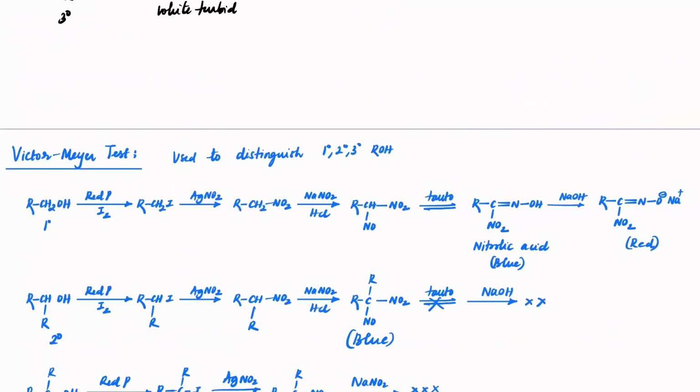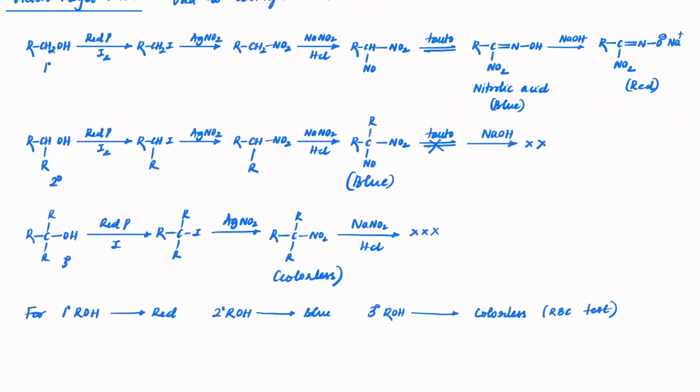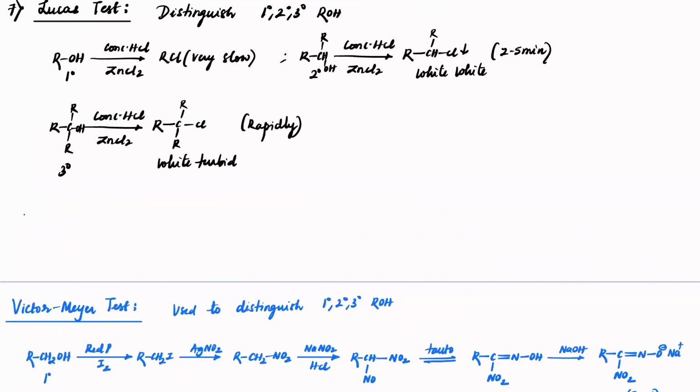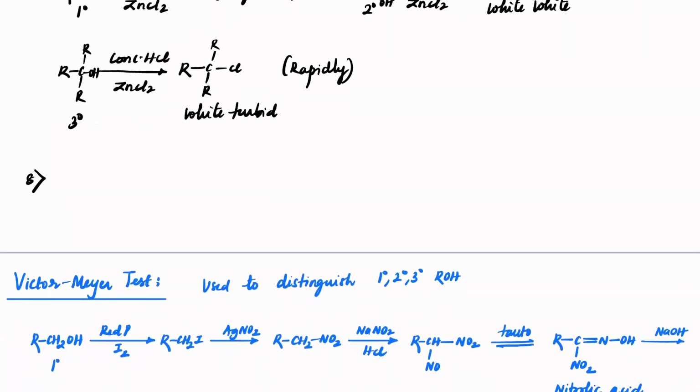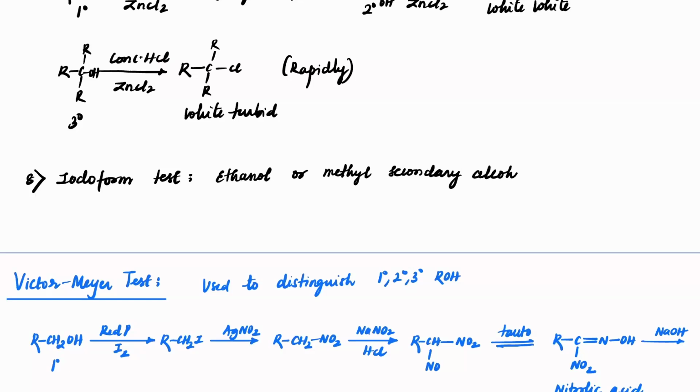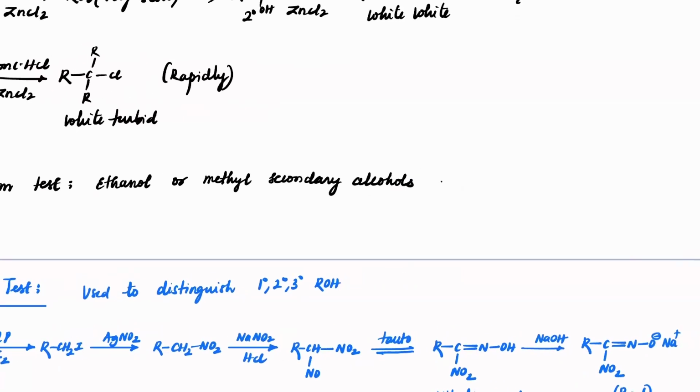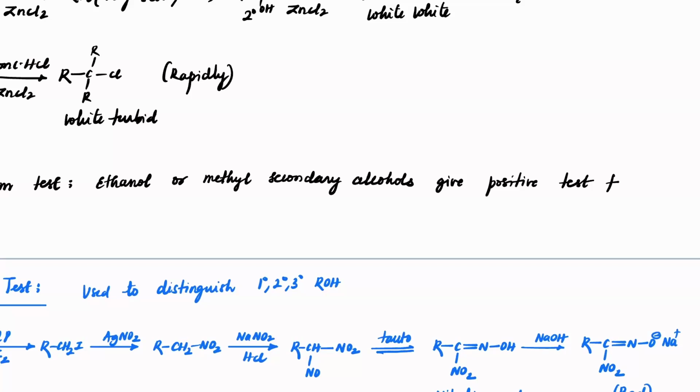Finished? Right. Before going into further reactions, let me write down this eighth one here. One thing I forgot here is about iodoform test. If you may recall, in case you have ethanol or any methyl secondary alcohols, these two give a positive test for iodoform.